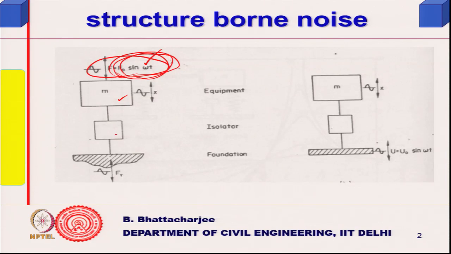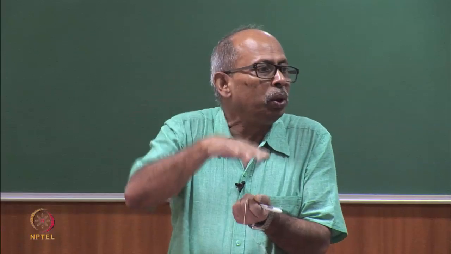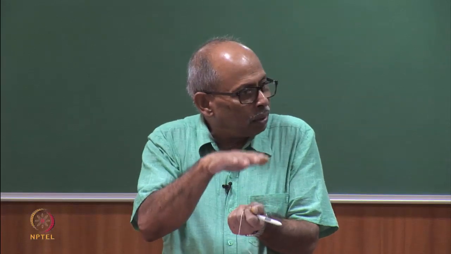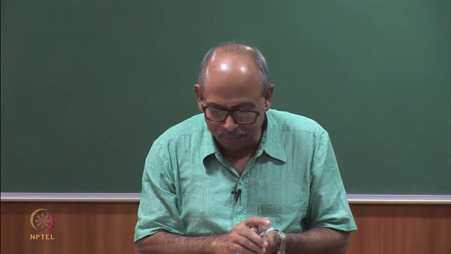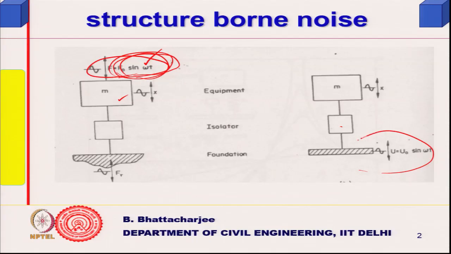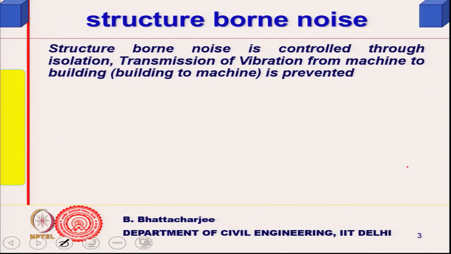That is the force which will come onto the mounting, the equipment, and then when I have an isolator, it has a machine on top. So, there is a static deflection. First the isolator will deflect, and it will transmit this vibration. Whatever the frequencies are, we can find them out. So, we can write the equation of motion for this.